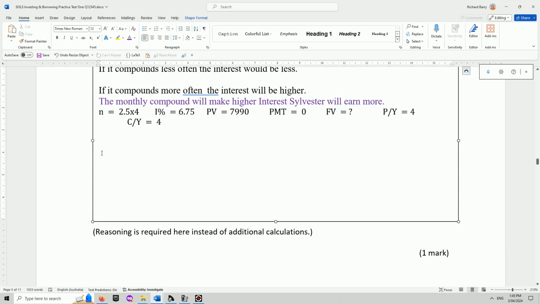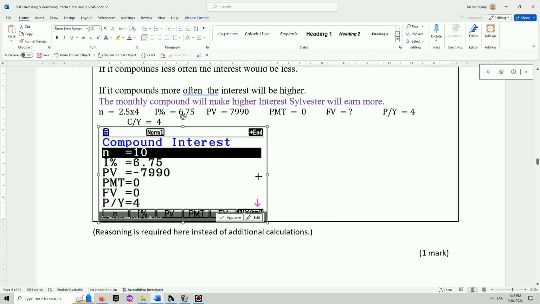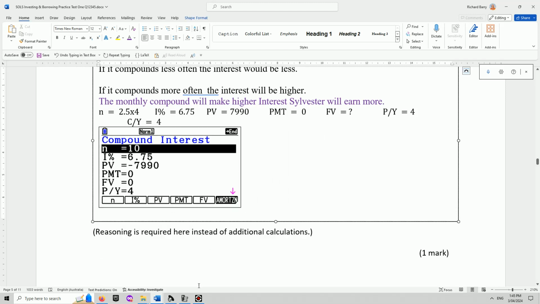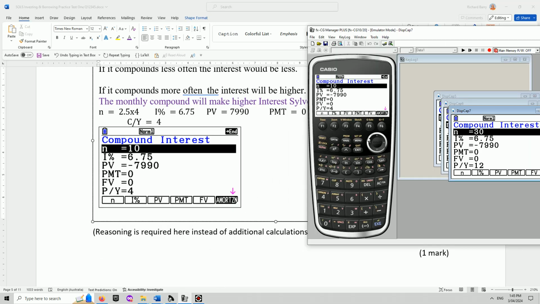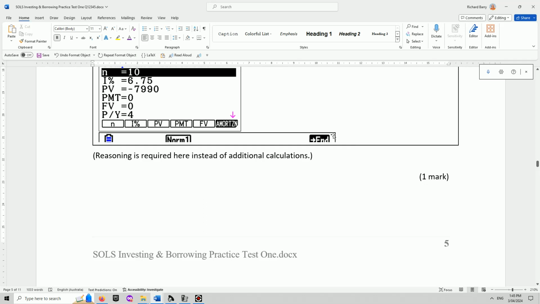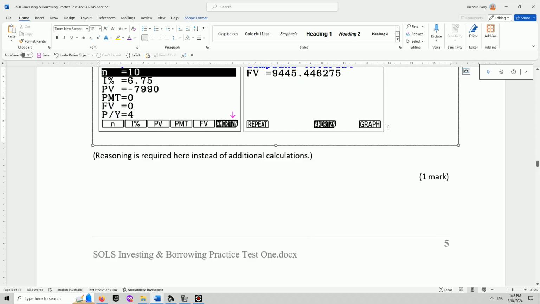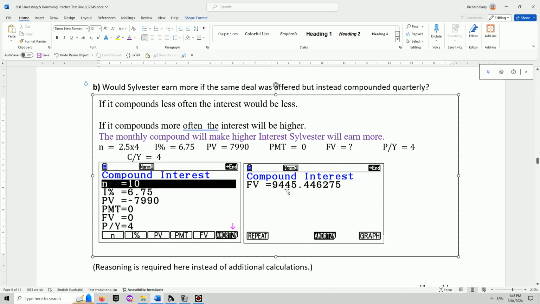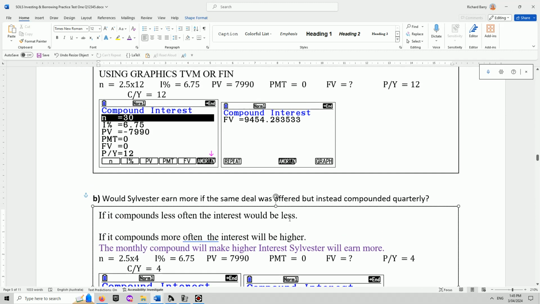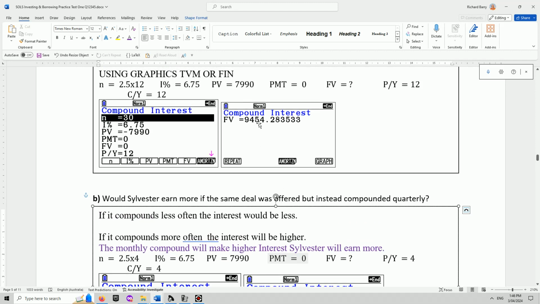Capture. Alright, bring back down. It should be that this will be less. Future value: 9445 is a little bit less than 9454.